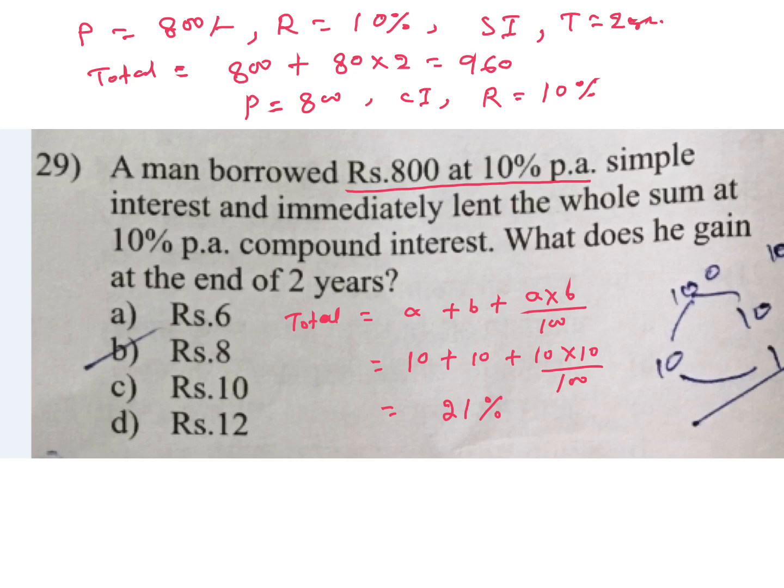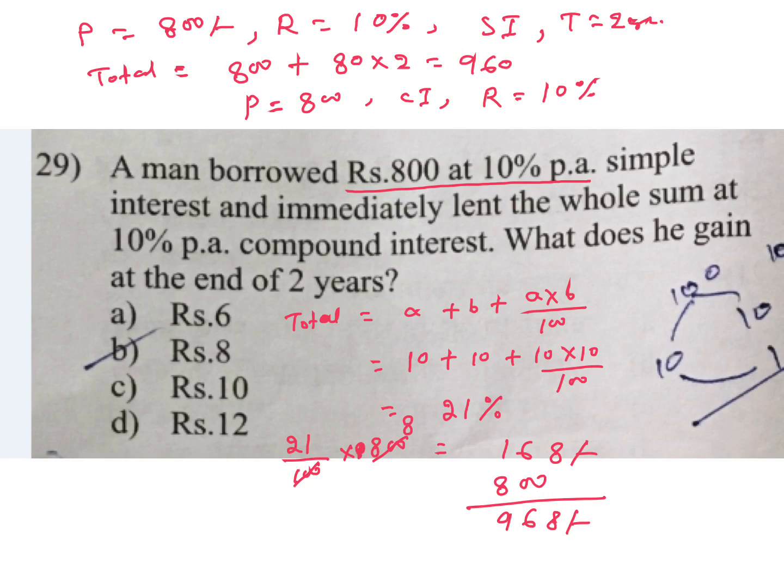Principal is 800, so 21% of 800 is 168 rupees. So here principal is 800 plus 168, you will get total 968 rupees in compound interest.